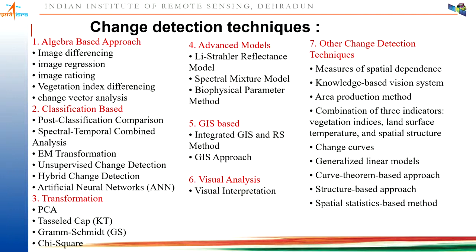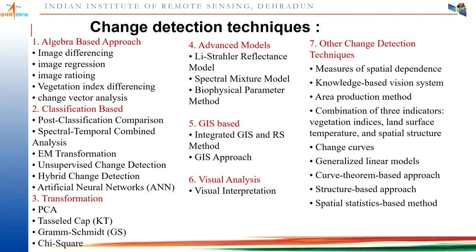Algebra based approach means we are directly using the brightness value, either pixel to pixel brightness value, or band to band, we do band ratio and then calculate the changes. Somehow we compare one image and another image based on brightness values.